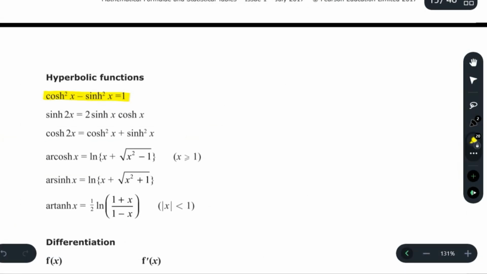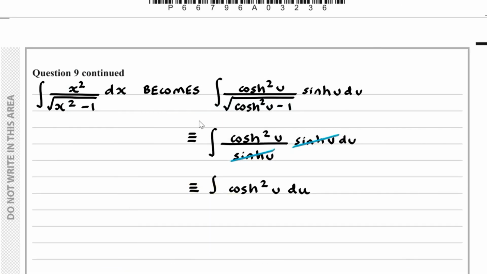Well, we can use the fact that hyperbolic cosine of 2u is the same as 2 lots of hyperbolic cosine squared of u minus 1.